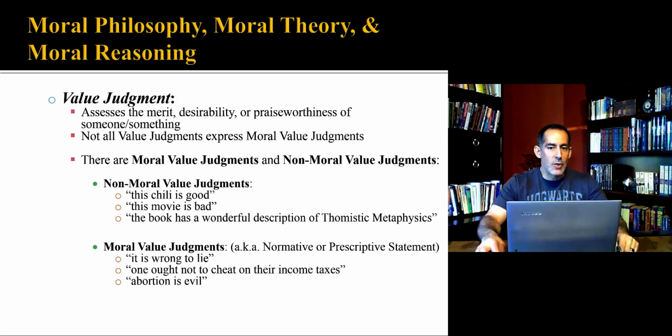So we have value judgments where we're asserting what value something has, what merit, desirability, praiseworthiness something has. And not all value judgments, like we said, are moral value judgments. So here are some examples of non-moral value judgments where I might be talking about the goodness or badness of a bowl of chili. The chili tasted good, or the movie was bad, or the book has a wonderful description of Thomistic metaphysics. Those are value judgments, but they're not moral in nature.